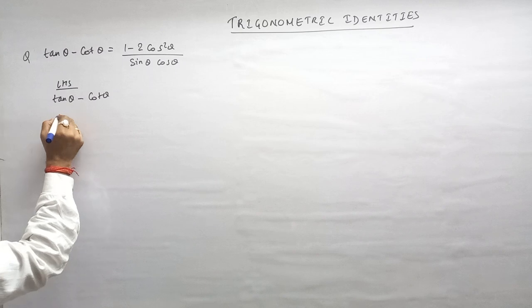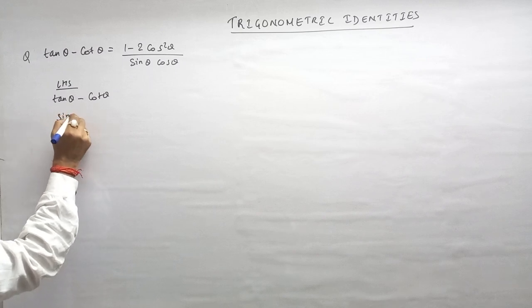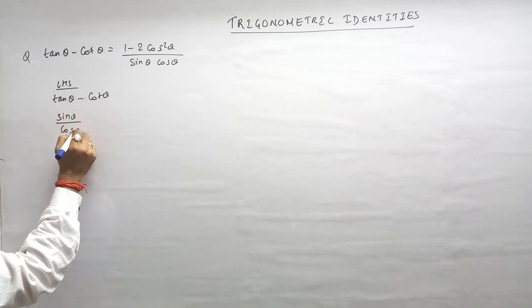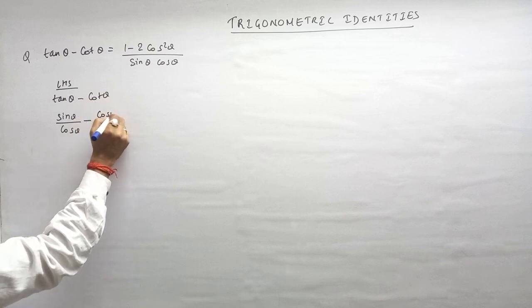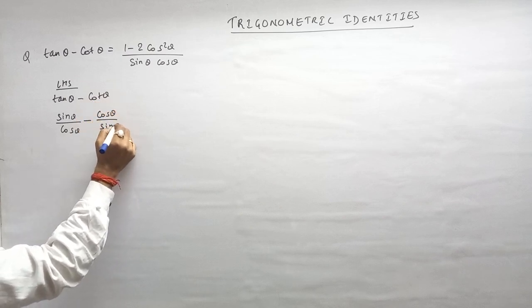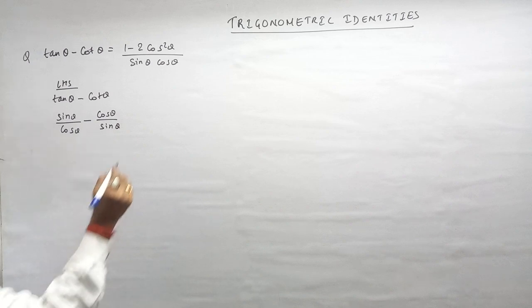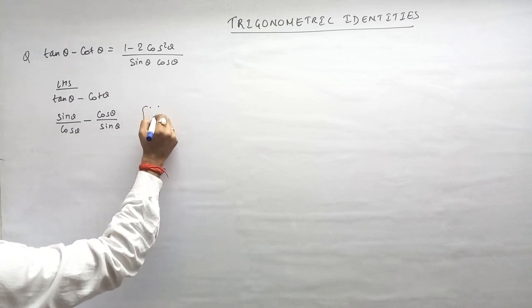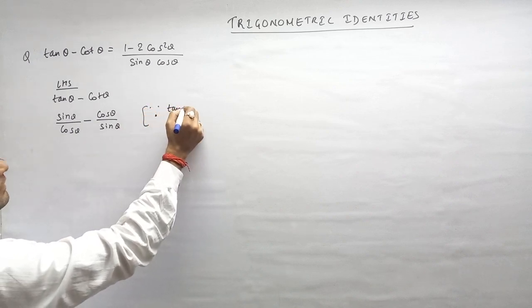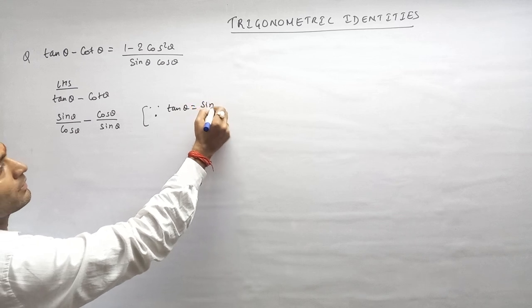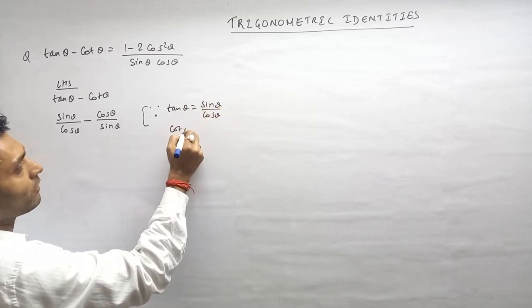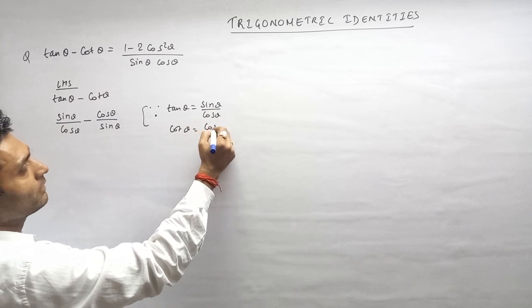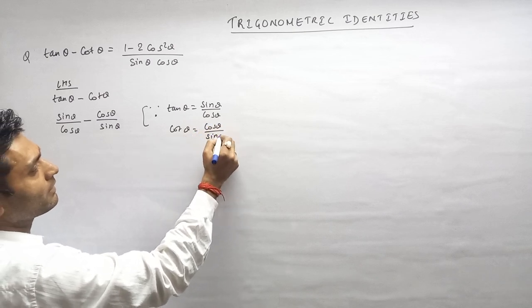So tan theta can be written as sin theta divided by cos theta minus cot theta can be written as cos theta divided by sin theta. Okay. So the reason we can write it here, since tan theta is equal to sin theta divided by cos theta and cot theta is equal to cos theta divided by sin theta.